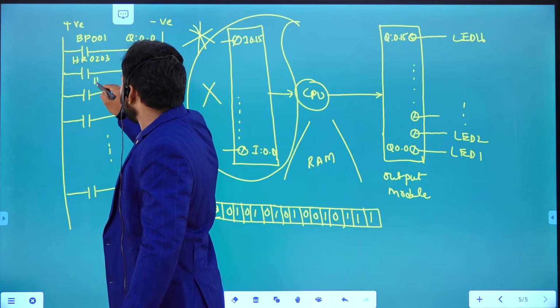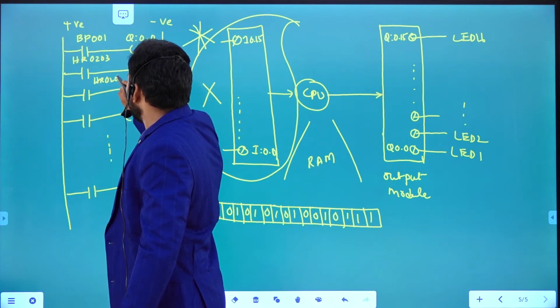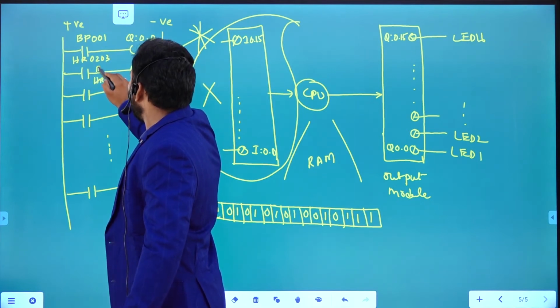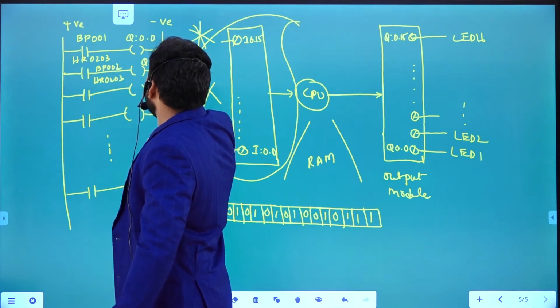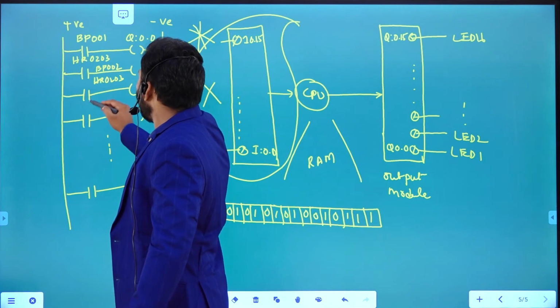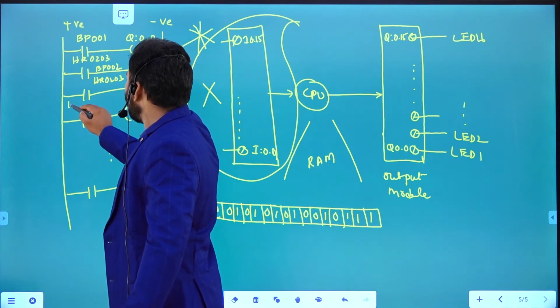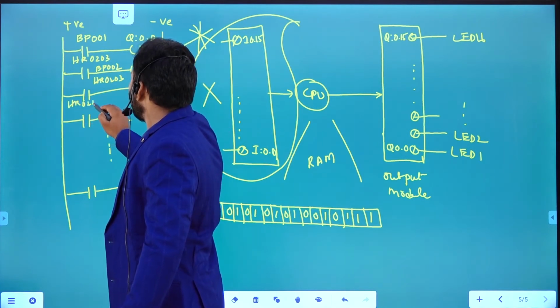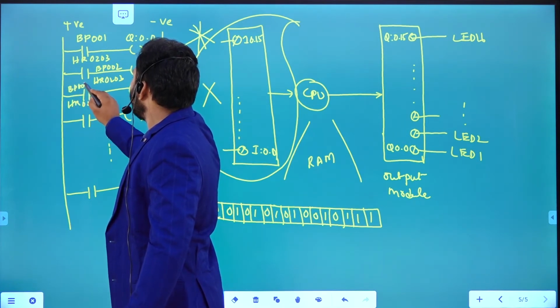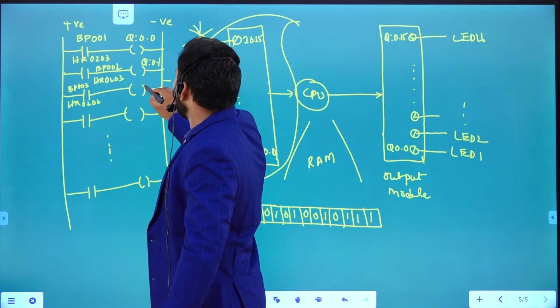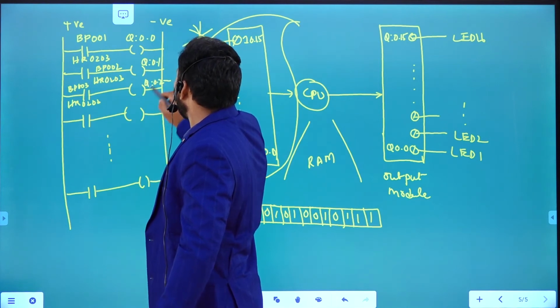Holding register same 0203, bit follow 002, it is going to control the second one. Similarly, this address is holding register 0203 and bit follow 003. It has to control Q0.2.